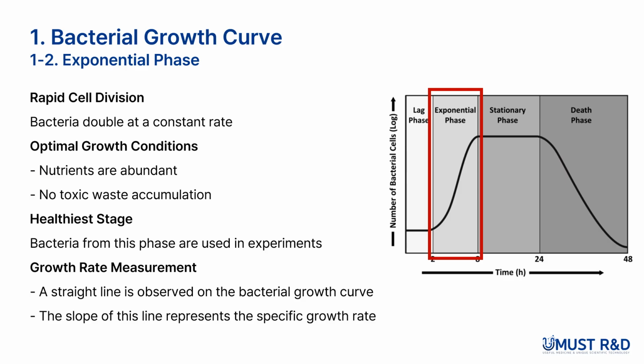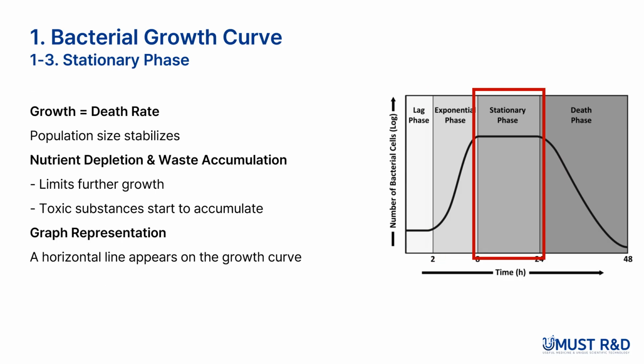Bacteria are at their healthiest and most active state, making them ideal for use in experimental studies. When plotted on a graph, this phase forms a straight line, and the slope represents the specific growth rate of the organism.